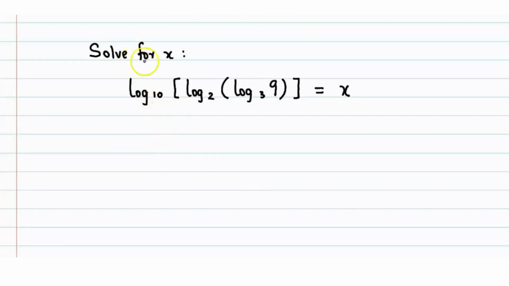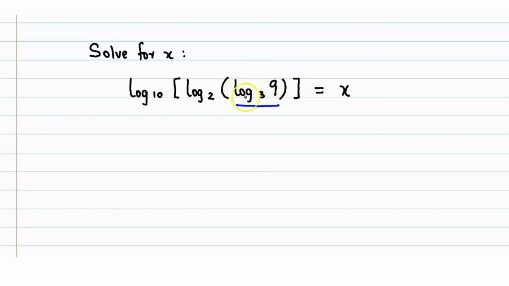The question is solve for x. So we have been given a logarithmic equation and we have to obtain the value for x. So if you observe the innermost log term over here, the base is 3 and here we have 9, log of 9. Now 9 could be expressed as 3 squared.